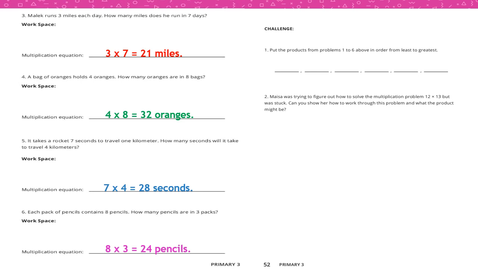So we will put all the products, it means the results of the multiplication equations, in ascending order like this: 18, 21, 24, we have another 24, 28, and 32.